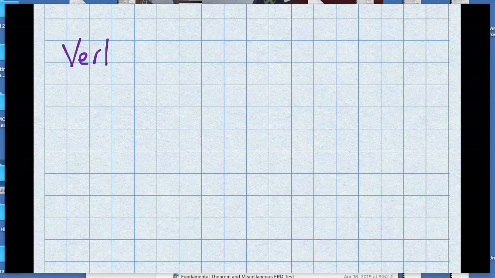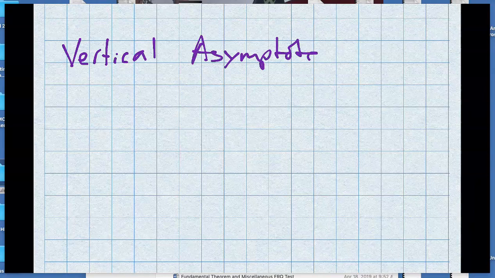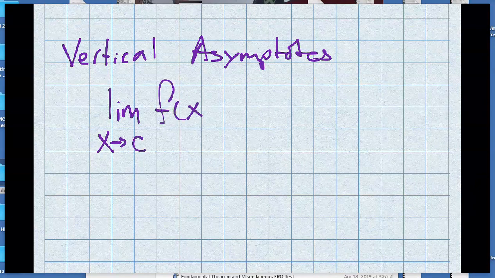Okay, so let's look at a couple more things. I'm not sure where these will fit into the process, but if you're looking at vertical asymptotes, vertical asymptotes are when the limit as x goes towards some value of f of x is either equal to positive infinity or negative infinity, you get a vertical asymptote.